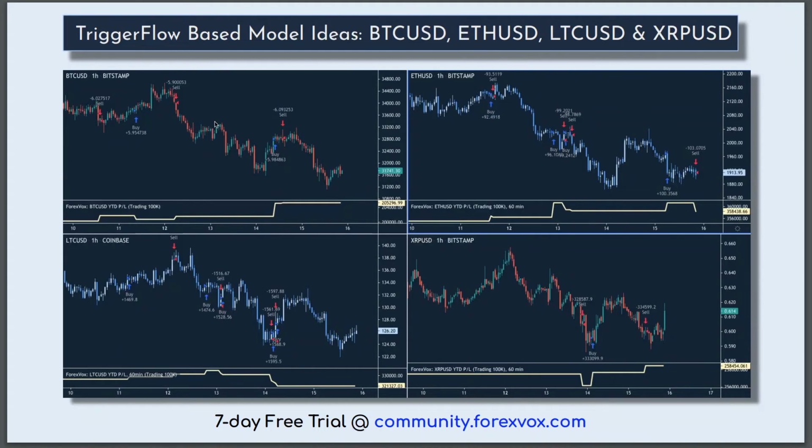And if anybody comes in for a 7-day free trial and decides to stay full time, I'd be more than happy then to provide the trigger flow index lines and the trigger line model expressions there. But for now, what I present is the year-to-date P&L at the bottom and the individual buy and sell signals for each of the four: Bitcoin, Ethereum, Litecoin, and Ripple.